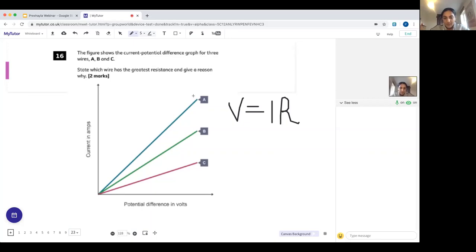So maybe this is kind of a hint that I would give you. For one potential difference, have a look at the current. So let's say at 10 volts, when each wire is at 10 volts, which current is the highest?